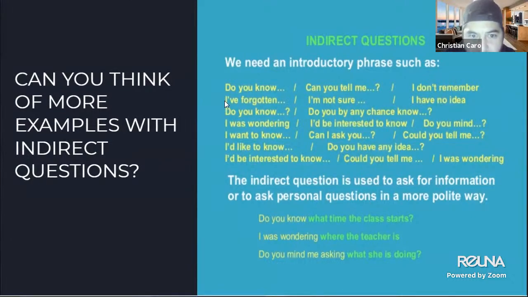Hold on. My example is, you can start typing if you want.